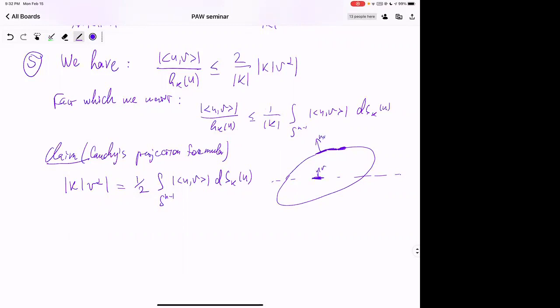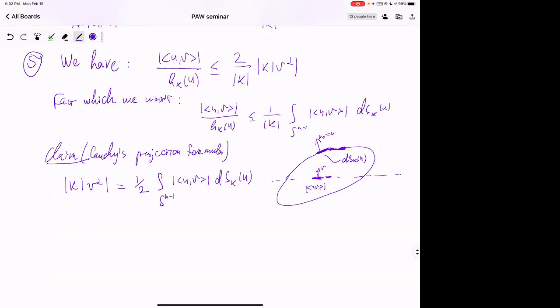So if this is my normal vector u, this gets multiplied by u times v. And each of those pieces gets multiplied by its own scalar product. The area of each of those pieces is precisely this dS_K of u, the surface area measure. That's what it stands for.